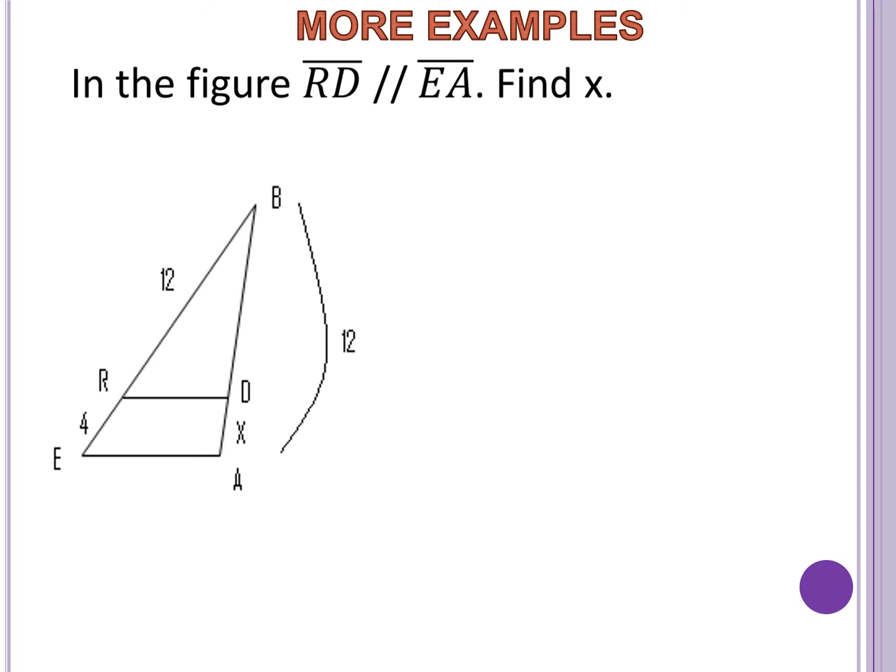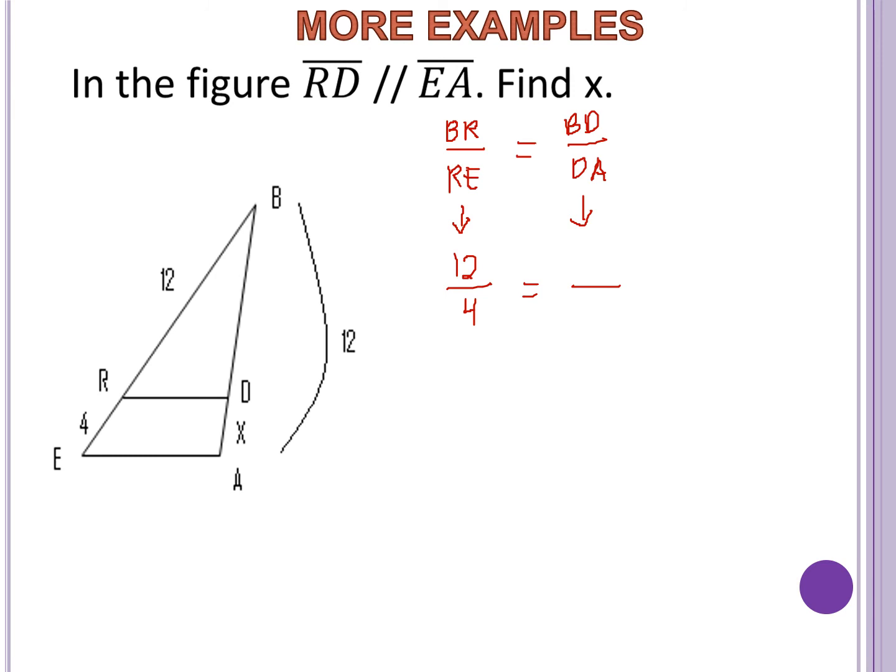So we can form a proportion from the given. So the ratio of BR to RE is equal to the ratio of BD to DA. Let us substitute. BR is 12, RE is 4.